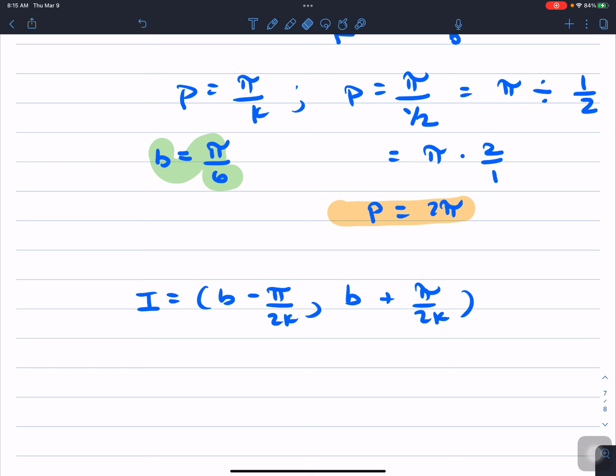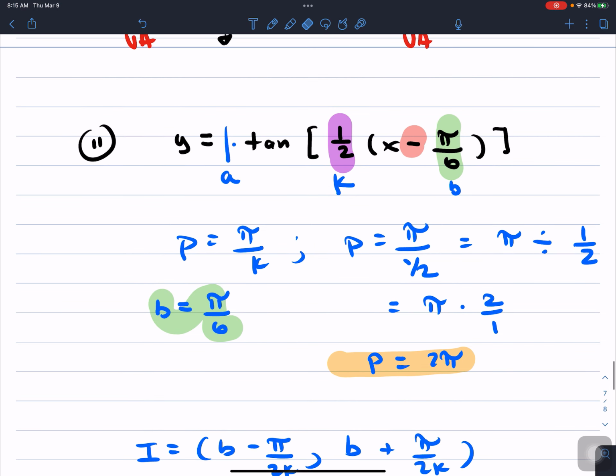Let me rephrase that. The period is pi over k. That's the length of one cycle. And so half to the right, half to the left is where you get pi over 2k minus pi over 2k. Now, when you have the phase shift, you got to insert B for both the starting point and the ending point. So that's where you get this new formula here.